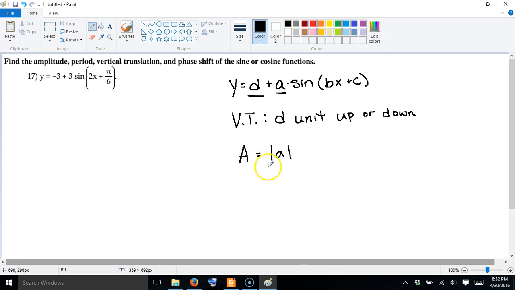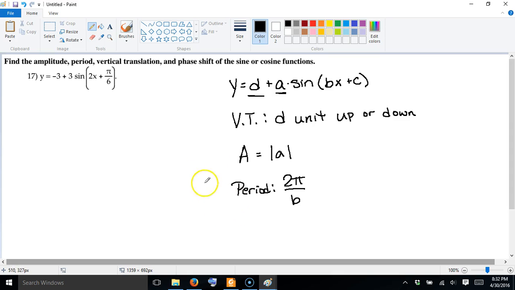And then for your period of your function, that comes from B. So period comes from this right here. I'm going to state it's 2 pi over B. So reduce that fraction or whatever it is that you have there, and you're good for that period.